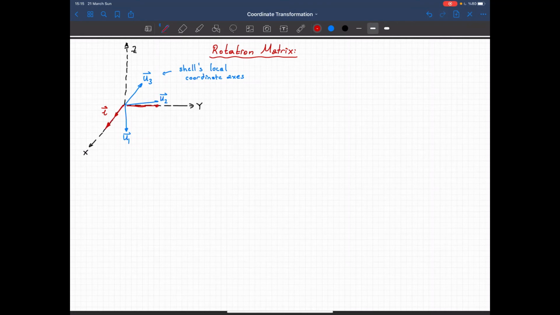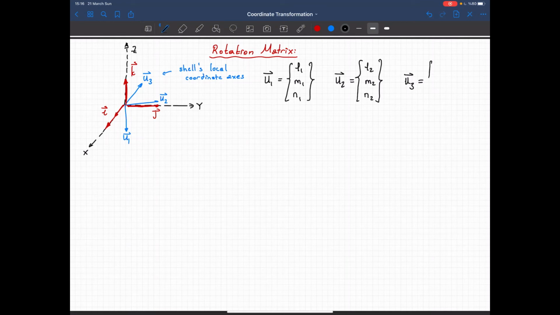This is I, J, and K. And let's say that U1 has the X component, Y component, and Z coordinate component, L1, M1, N1. U2 has L2, M2, N2, and U3 has L3, M3, and N3.